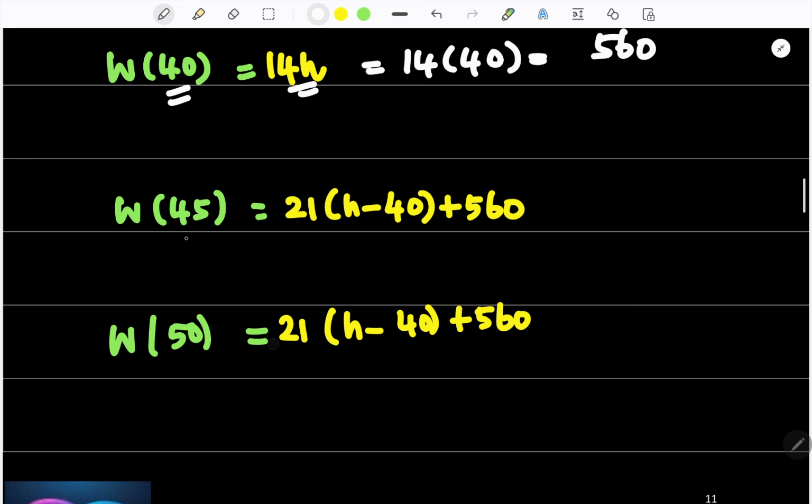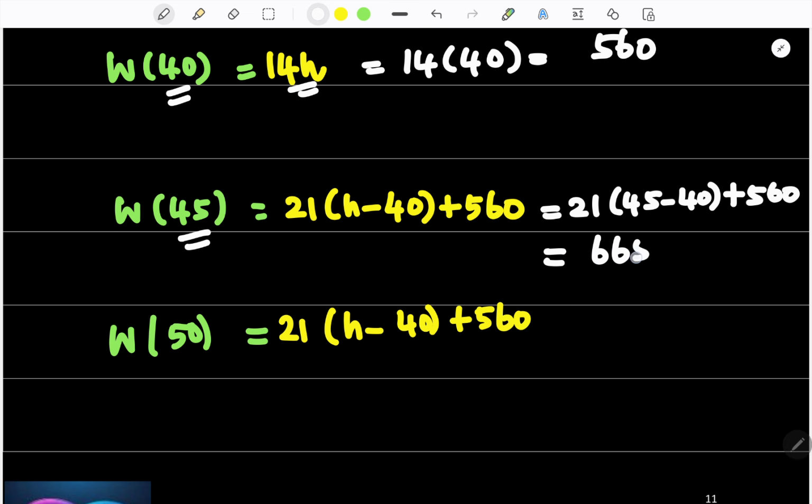Next, we are going to put 45. You can put it directly in the calculator. 21 times 45 minus 40 plus 560. So 45 minus 40 is 5. So 21 multiplied by 5 plus 560 is equal to 665.